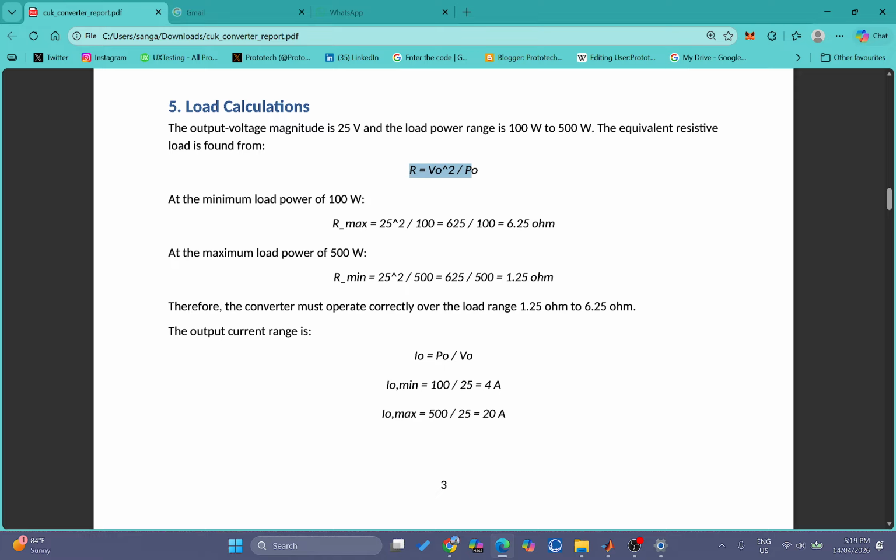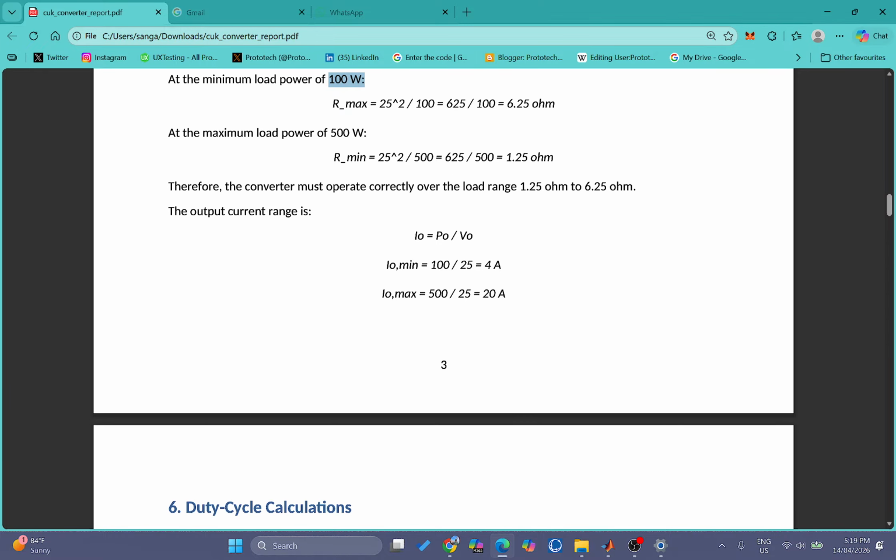and for the maximum load of 500 watt, again 25 volt squared divided by 500, it gives you 1.25 ohm. So that means at the minimum load of 100 watt, the resistance is 6.25, and at the maximum load of 500 watt, the resistance is 1.25 ohms.